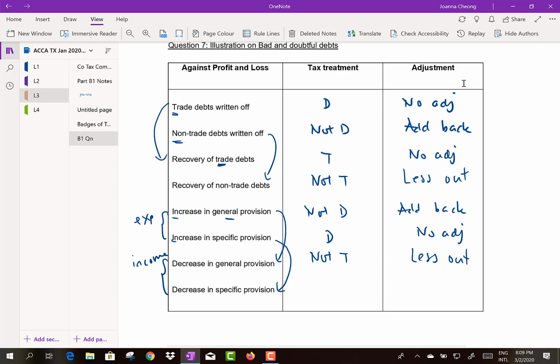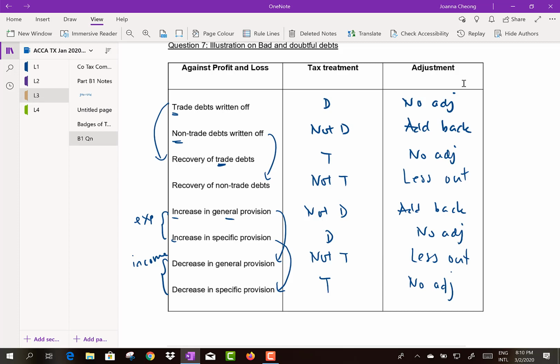This one will be taxable, no adjustment. You need to try to figure out and try to rationalize it. Okay? Think it through. If you can't understand, let me know, because it's something very new to you.